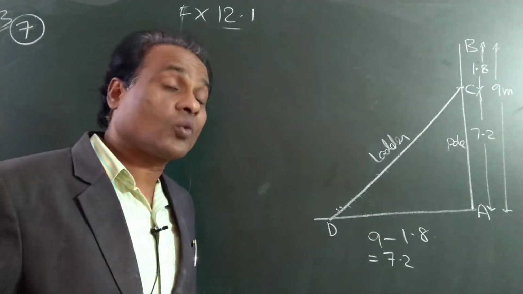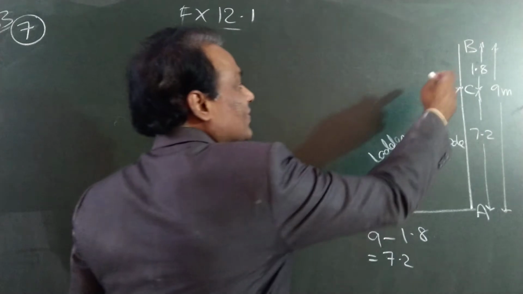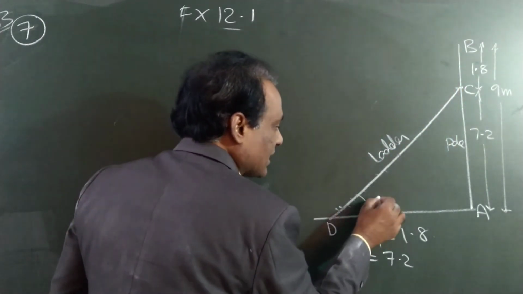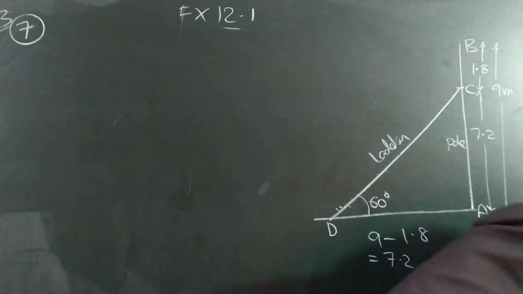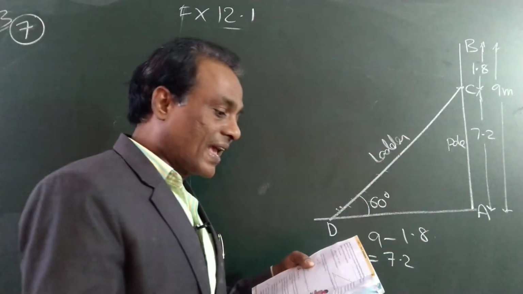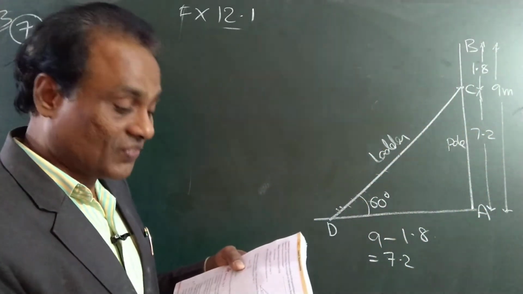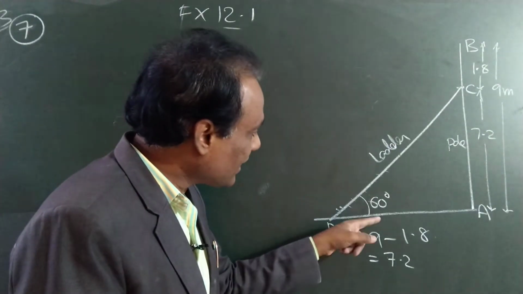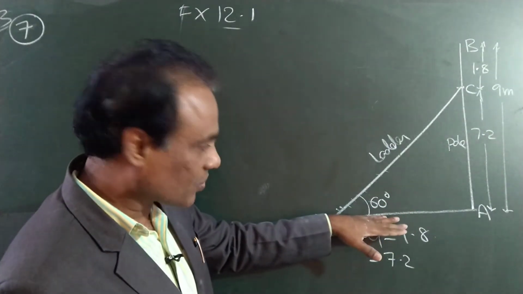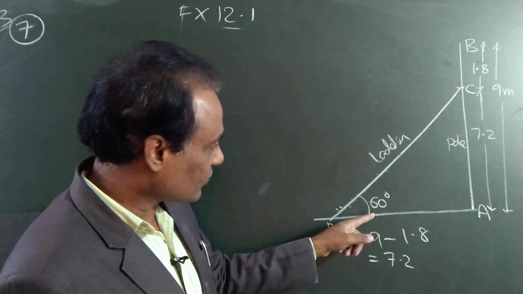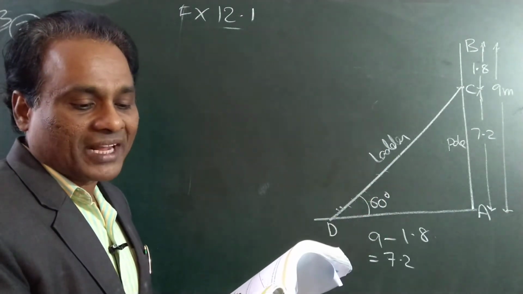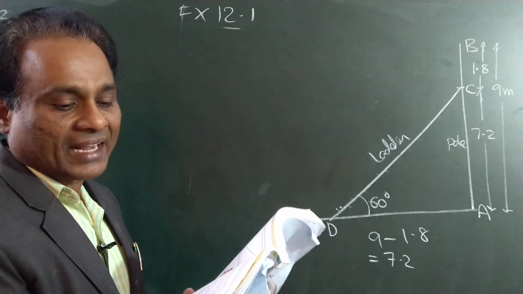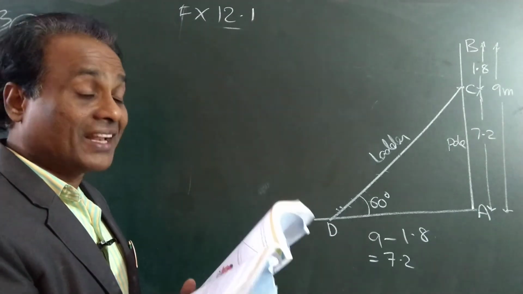Now the question: the ladder is making 60 degrees with the ground. This is the ground, no? What will be the distance between the foot of the ladder and the foot of the pole? And what is the length of the ladder?